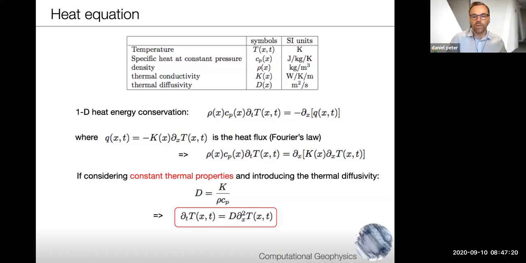So then we only end up with the time derivative of the temperature field equal to this diffusivity coefficient D, which is a constant, times the second order spatial differentiation of the temperature field.